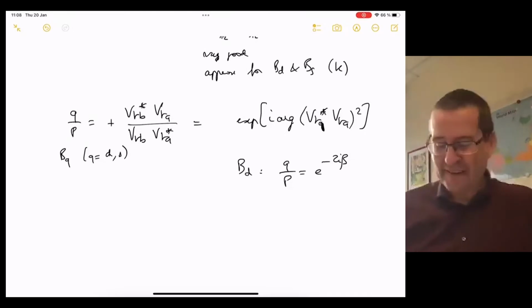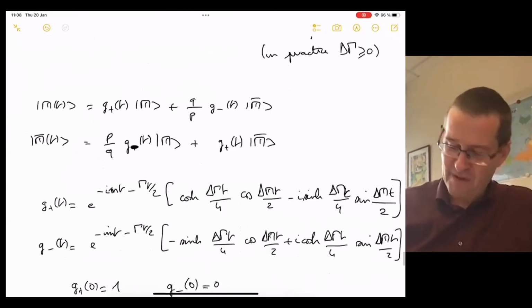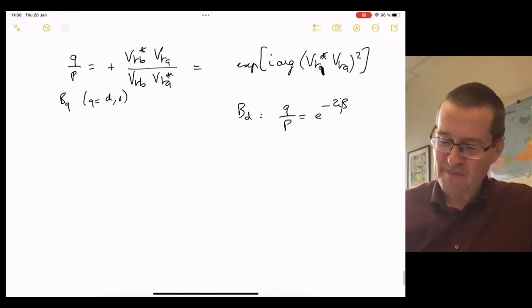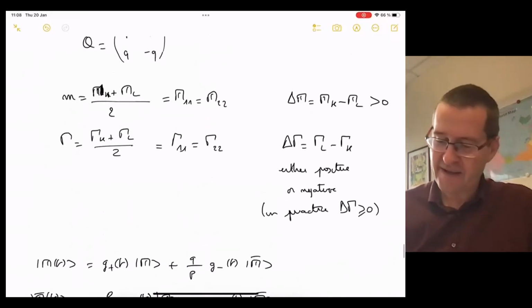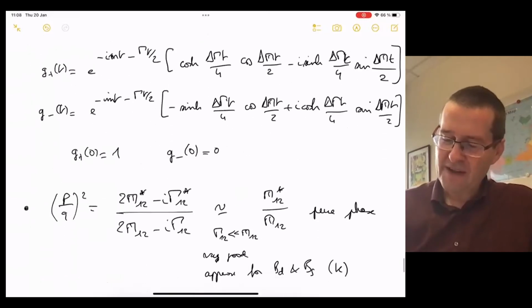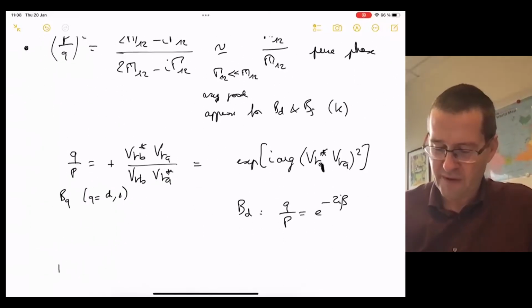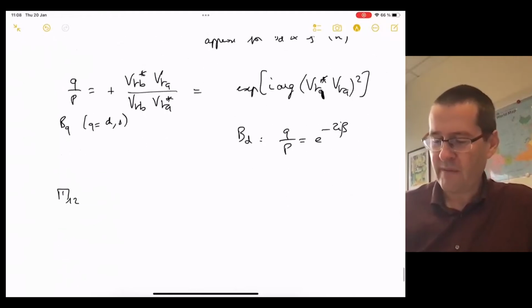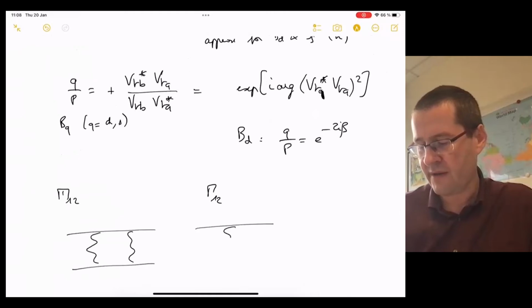So excellent. The final comment that I wanted to make before the break, because I think that's useful, is that you see that M12 and gamma 12 are playing an important role, obviously, for mixing. Both of them are related to the presence of these boxes that you have.